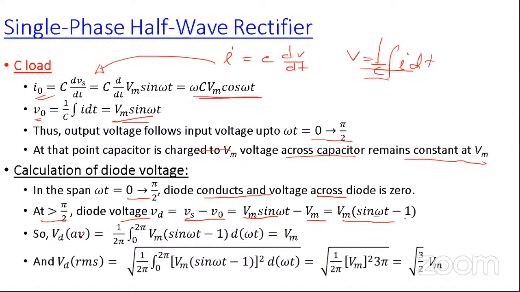So in this period, if you want to find Vd average, that is 1 by 2 pi integral from 0 to 2 pi of Vm (sin omega t minus 1). And after taking integration, you will get that in this period the average voltage across the diode is Vm, and the RMS voltage across the diode is, using the same standard formula, 1 by 2 pi integral from 0 to 2 pi of the diode voltage expression Vm (sin omega t minus 1) squared d omega t, which is equal to root 3 by 2 into Vm.